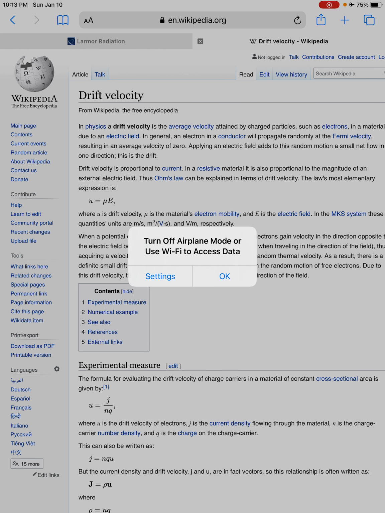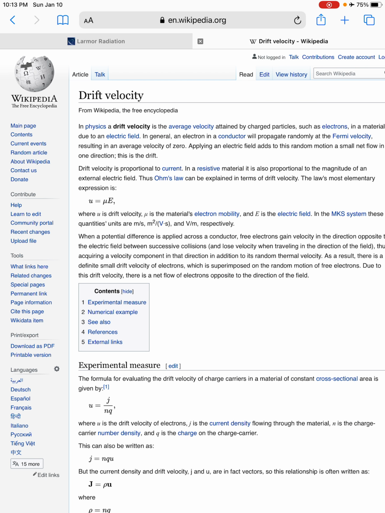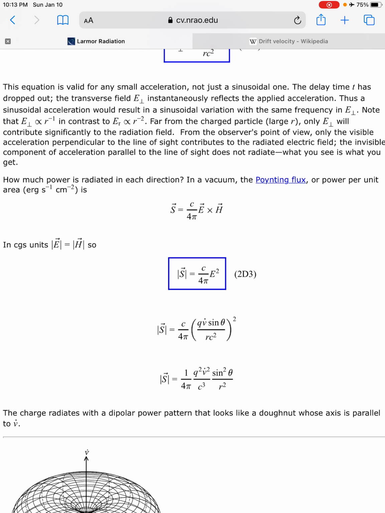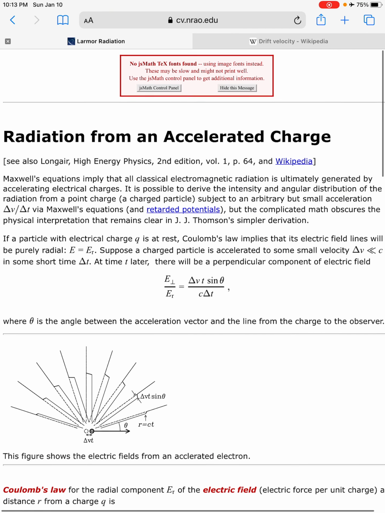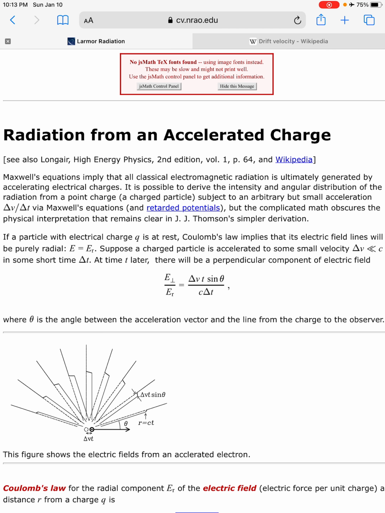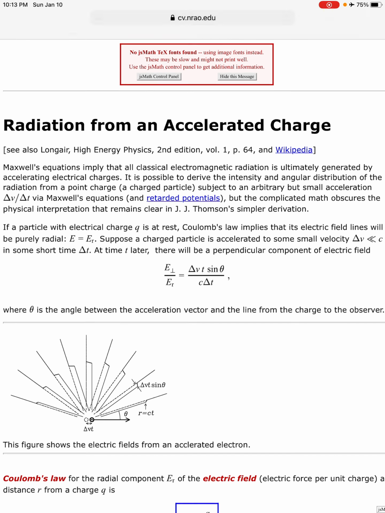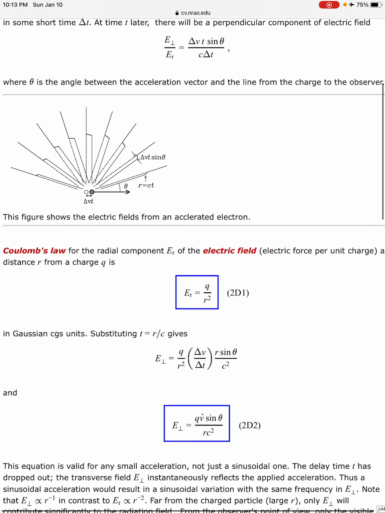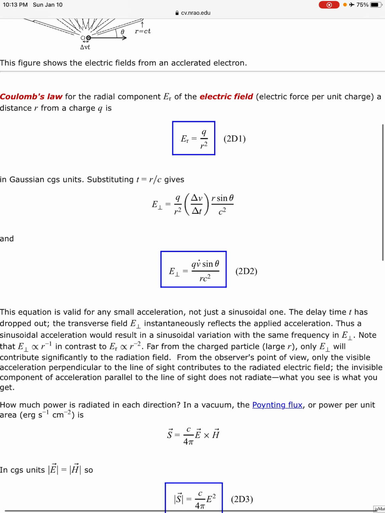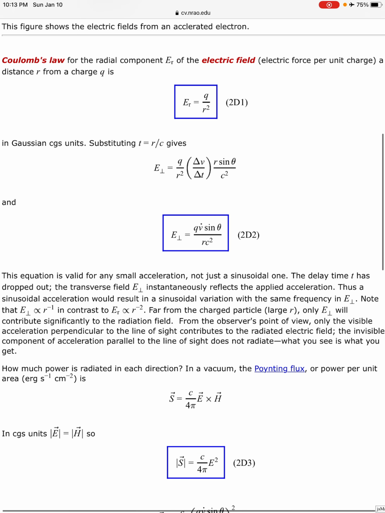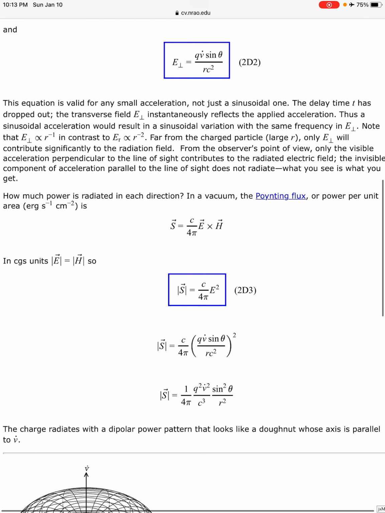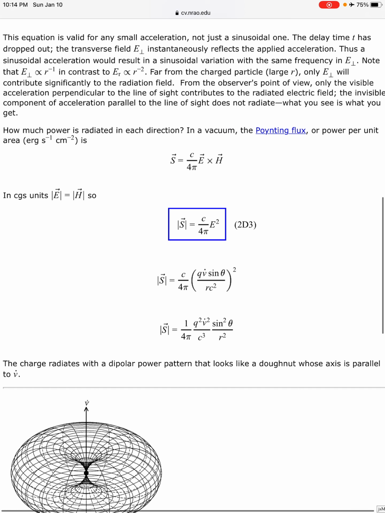Conveniently, the Griffiths book has summarized the Larmor formula, which is on this website, cv.nrao.edu. Anyhow, this is not a lecture on the Larmor formula. This is about the antenna. However, we'll give you a brief description.